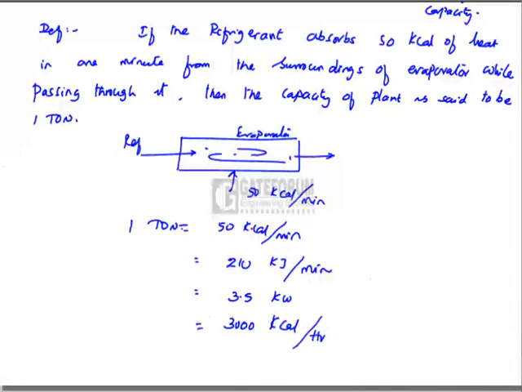Any one of these could be used for calculating tonnage. Most prominent is 210 kilojoules per minute.